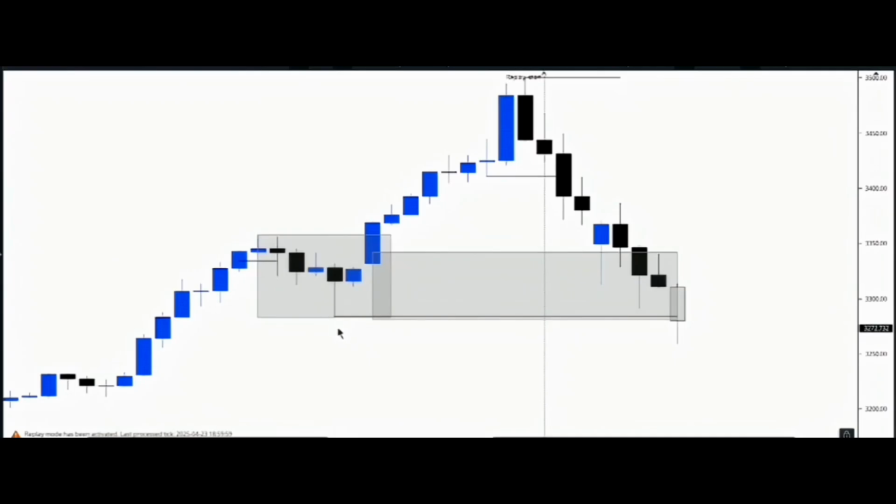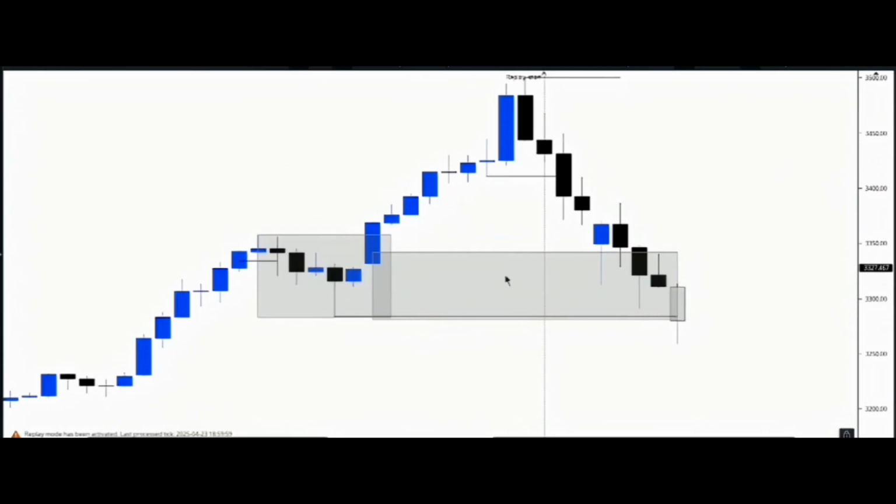But on the 4H, this is an inducement. Now, understand that inducement is a form of liquidity. Any area of interest, whether order flow, order block, or whatever you are using as your area of interest, that is sitting on liquidity will fail. 80 to 90% of the time it will fail.